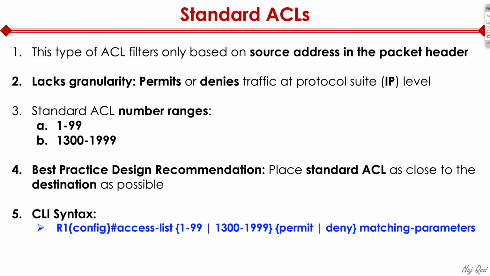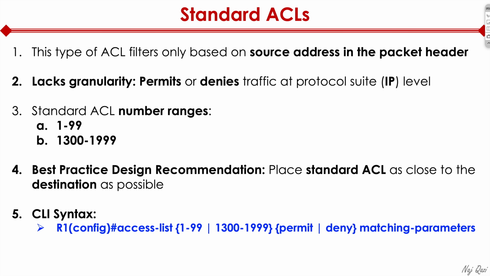And finally, here's the CLI syntax. So if you're on a router, we'll type in the command access-list, and then we'll choose 1 through 99 or 1300 through 1999. And then we'll say either permit or deny, and then we'll have the matching parameters.